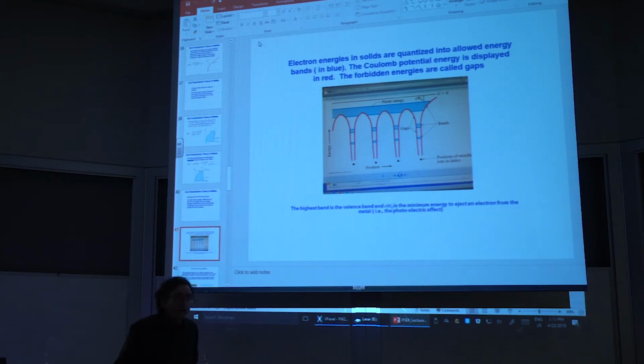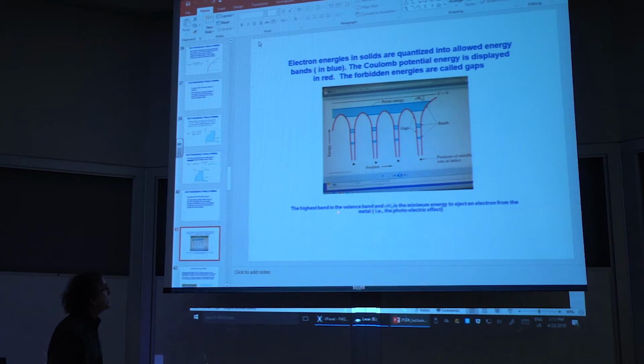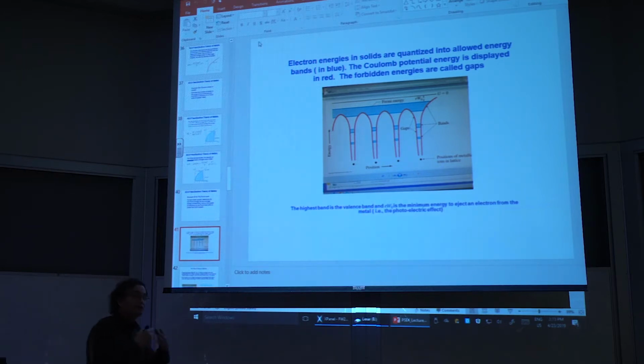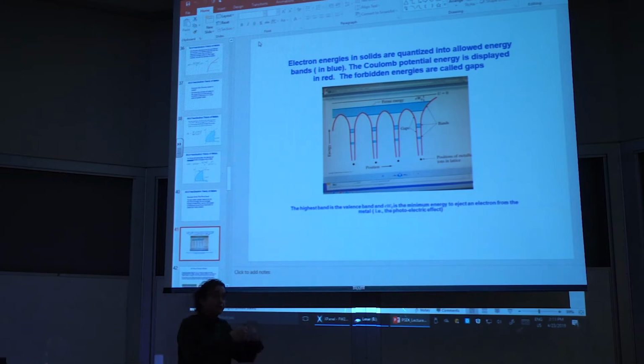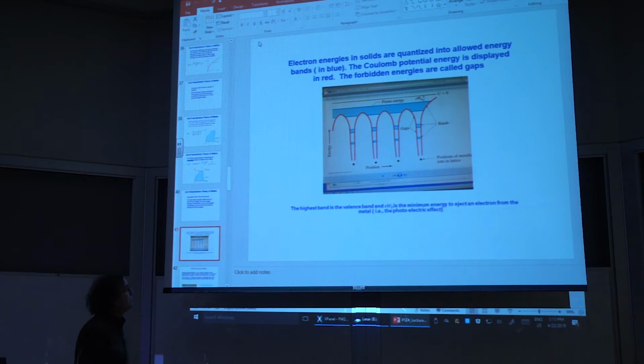Also worth noting in this graph is that the highest band, the upper blue band right here, is called the valence band. Valence, of course, means the energy levels accessible to the most energetic electrons in the atom. The electrons with the highest energy are the least bound in the atom.